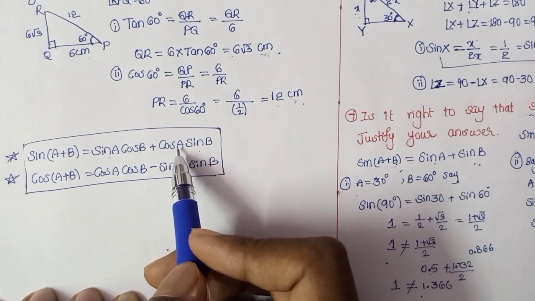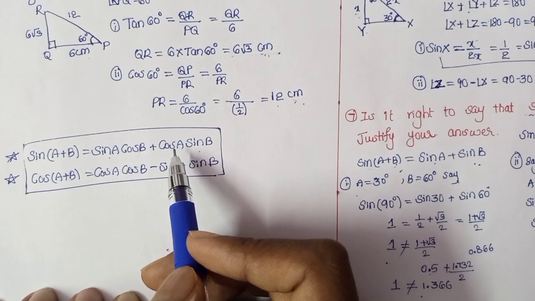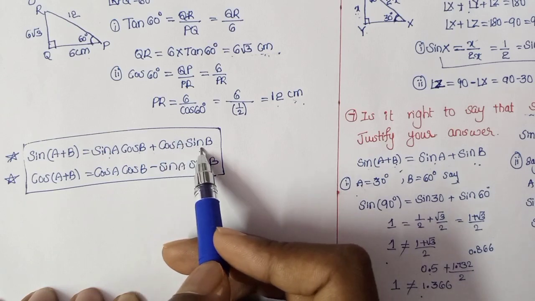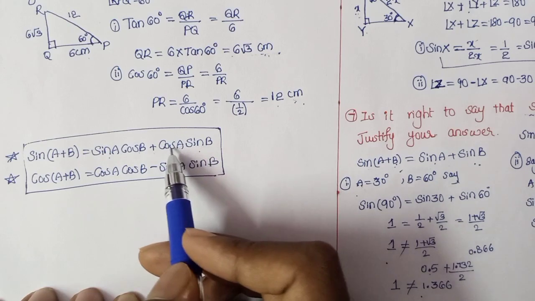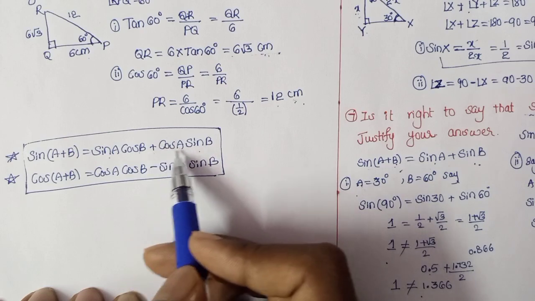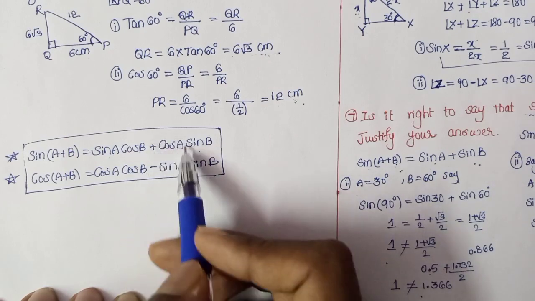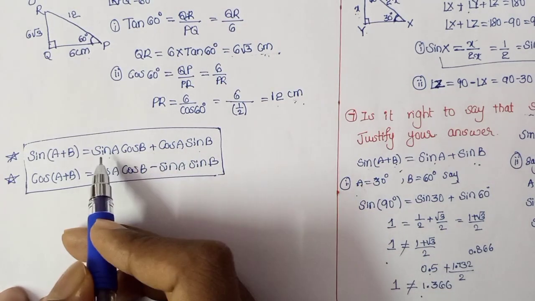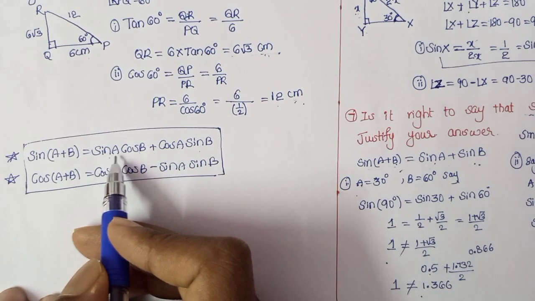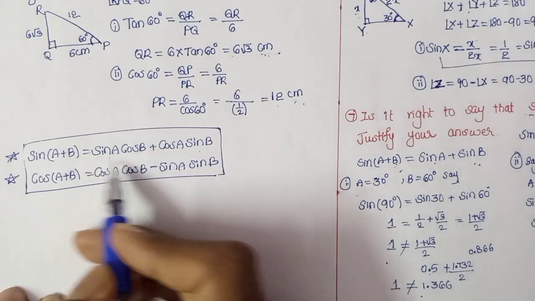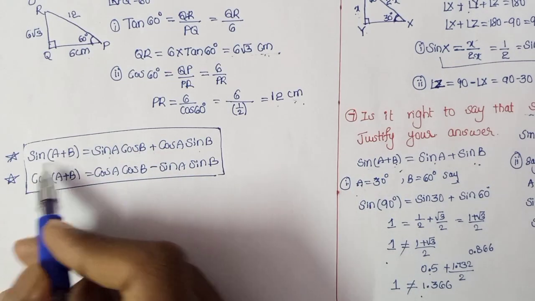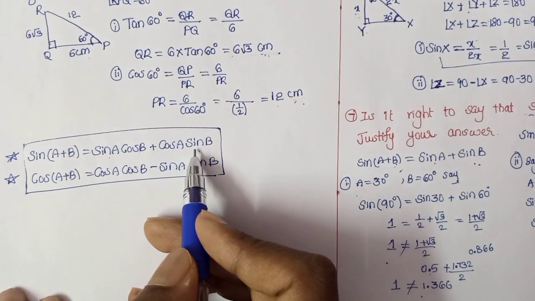If angle A is 0, then cos A value is 1. 1 into something is something, so 1 into sin B is sin B. Like that, cos A can be eliminated only when angle A is 0. If angle A is 0, sin 0 is obviously 0, so that term gets 0. So here 0 plus sin B is equal to sin B.